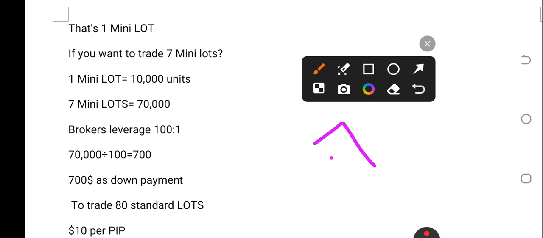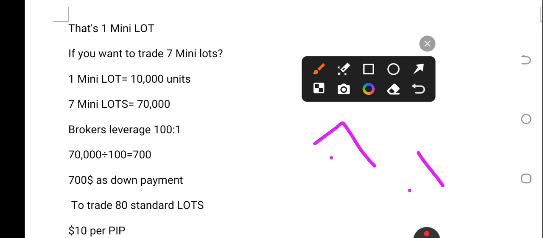I just hope you are getting these concepts. A mini lot is 0.1, right? And you need 10,000 units of currency to trade one mini lot. If the mini lot moves 1 pip, you are making $1. All right.